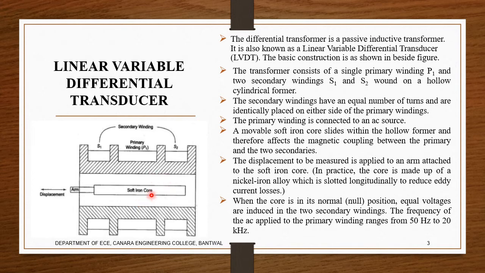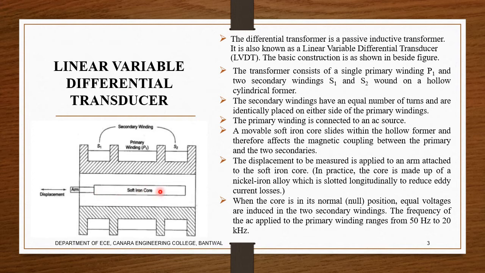These are unwanted currents that are usually generated, so we reduce them. We cannot make it a 100% efficient device, so we use a nickel iron alloy to reduce the eddy current losses. It is a kind of unwanted signal.